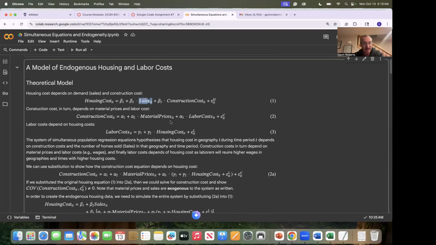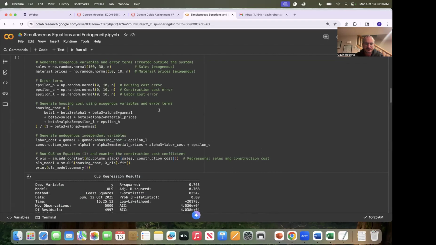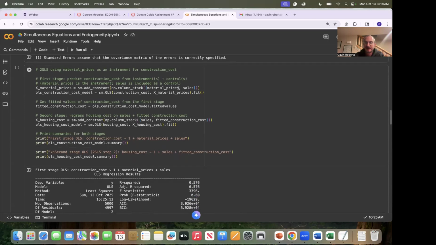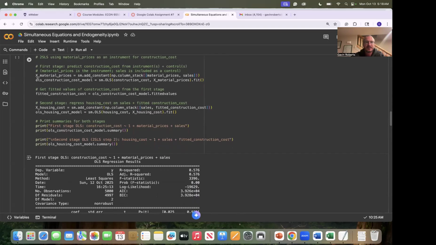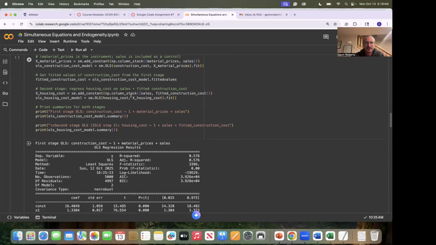The main reason we're including sales in the first stage of our two-stage least squares is you need to include all of the other exogenous variables in the equation of interest, this one, in the first stage. So that's again why sales is appearing here, and then material prices. And then we just run OLS on that.